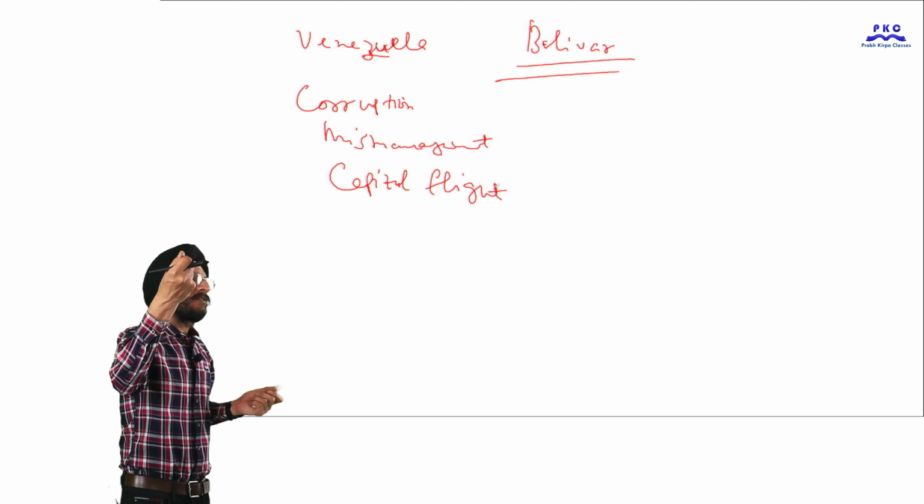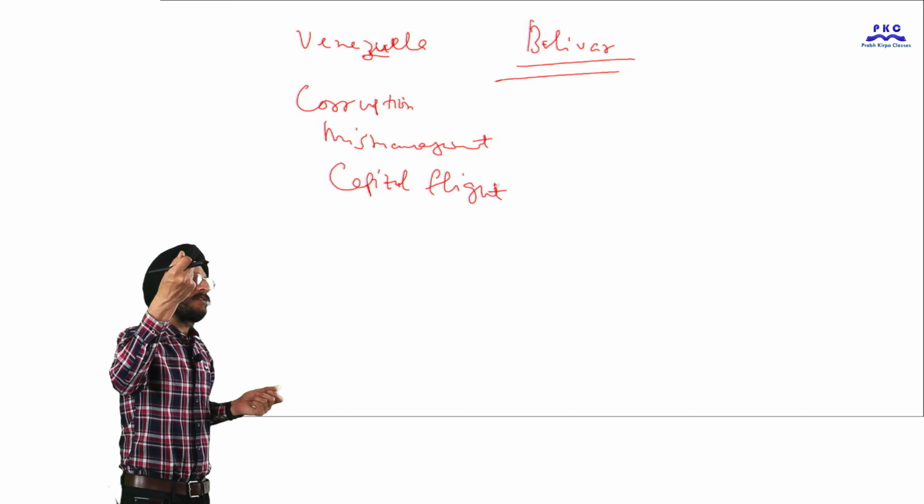We also take the example of Venezuela. Venezuela's currency is the Bolivar. The currency of Venezuela has been in a downward trend.